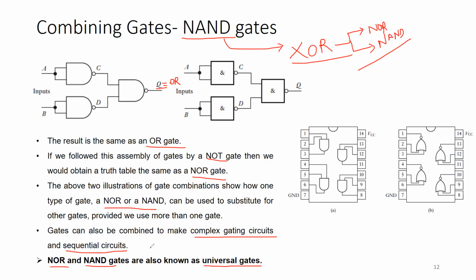As we have discussed, their various combinations give you various gates and various truth table results. That is why they can be combined in circuit form to form complex gating systems and sequential circuits. This is the actual demonstration of the circuit based on a digital system, so it will be called a digital circuit.